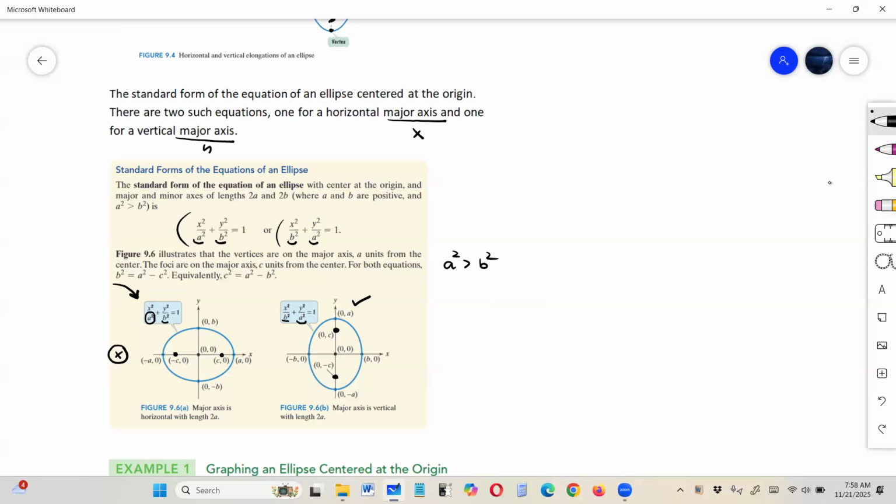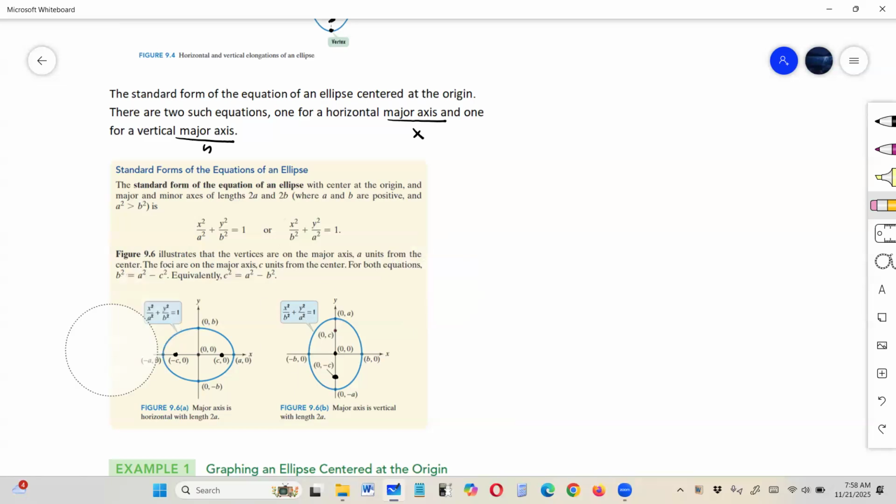And then the distance from the center to the foci is found by this formula right here: c squared equals a squared minus b squared. All right, so we need to know that. The other thing that we need to know is the following.